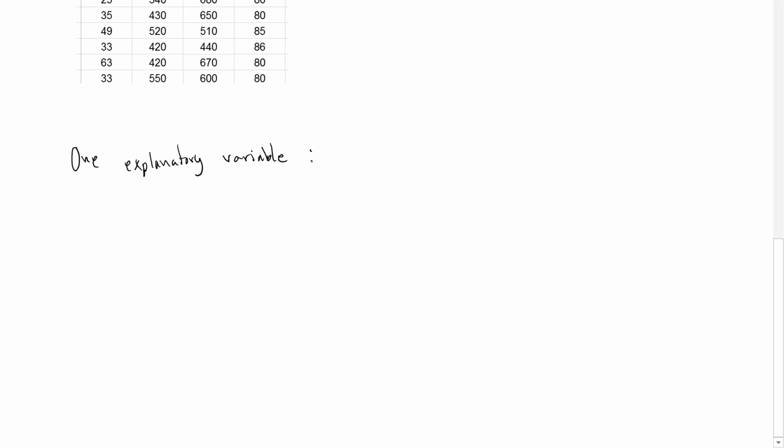Remember the LRM with one explanatory variable, we wrote it like this: yi depends on a linear function of xi, the deterministic part, beta 1 plus beta 2 xi. That's the deterministic part, and there is also a random part, epsilon i.